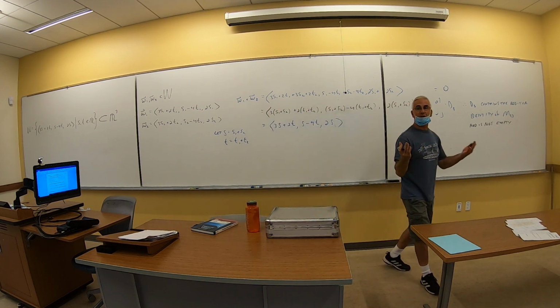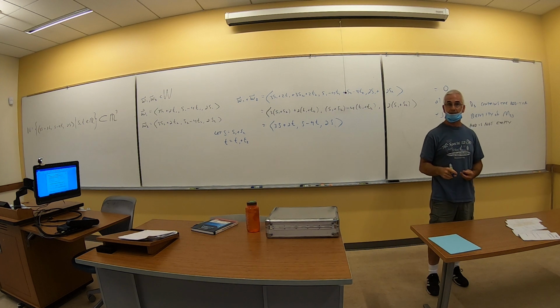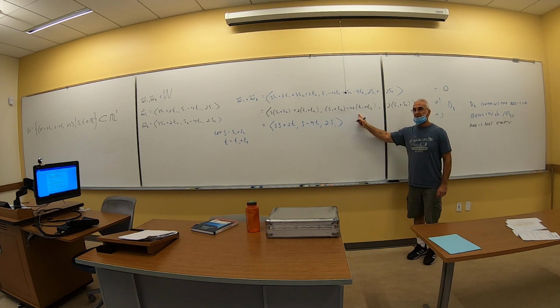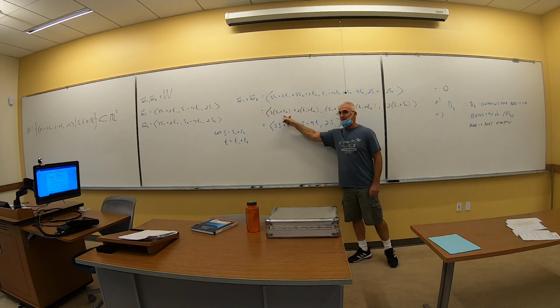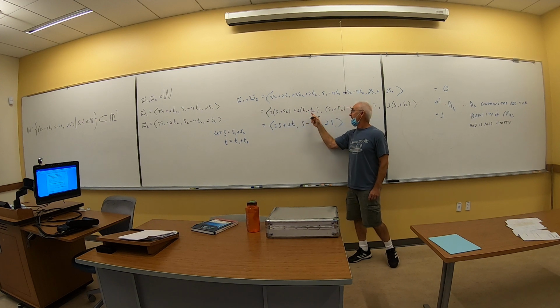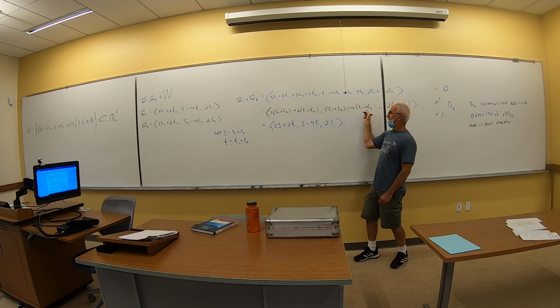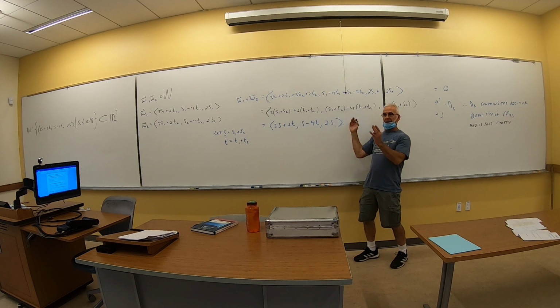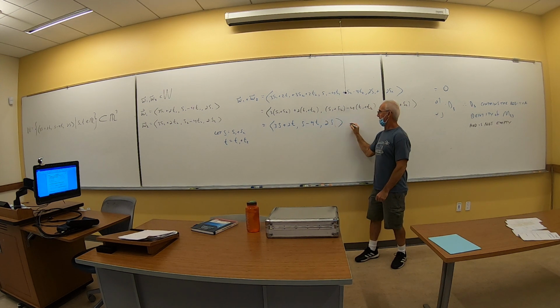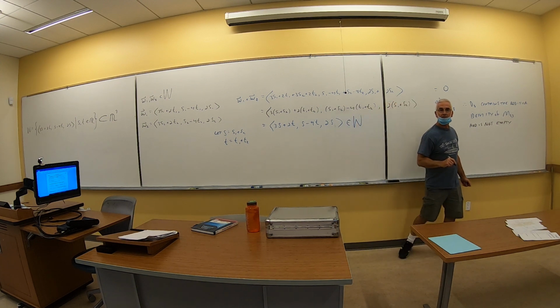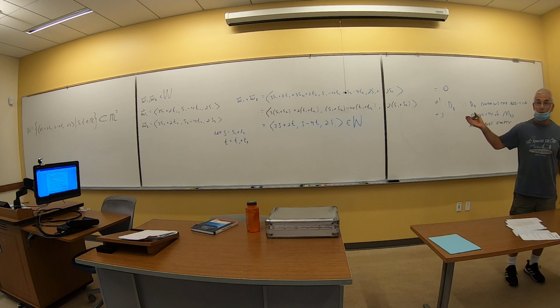It's just easier to see now, isn't it? I could have left it in this form. I have 3 times a variable plus 2 times a variable, and now the original variable minus 4 times the other variable. I didn't change anything, but it's a little harder to read. But that clearly is an element of W.